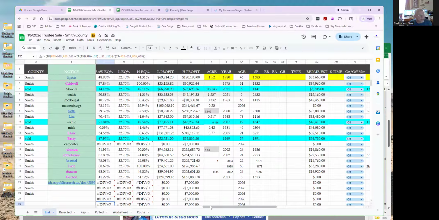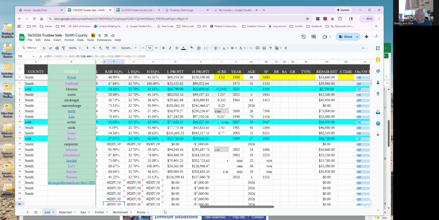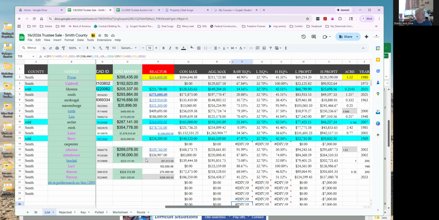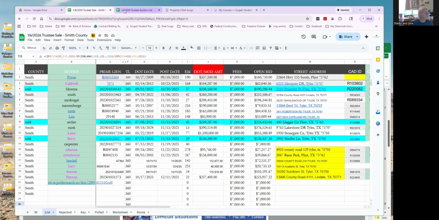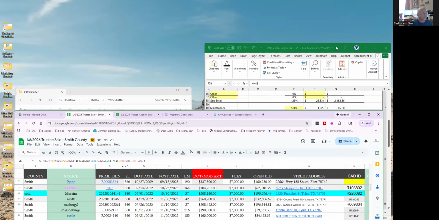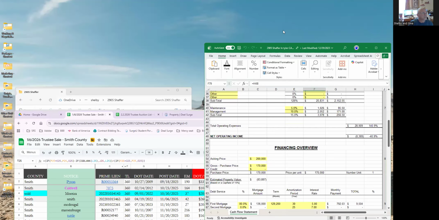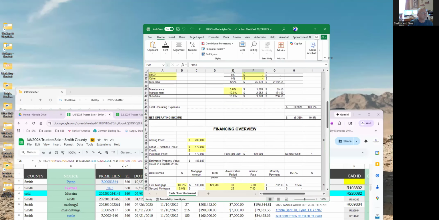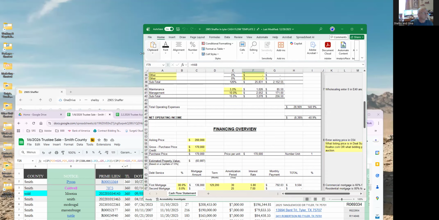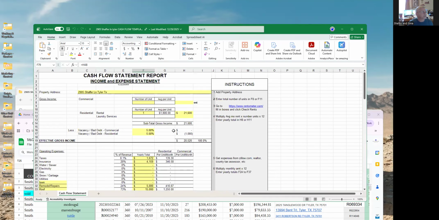If the numbers work out on this Excel spreadsheet, then we take it to a cash flow sheet.